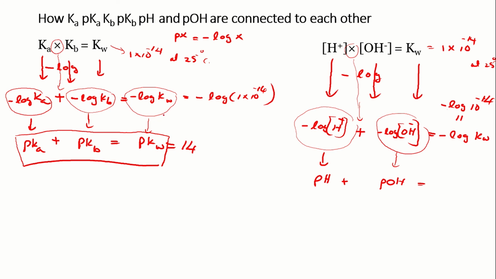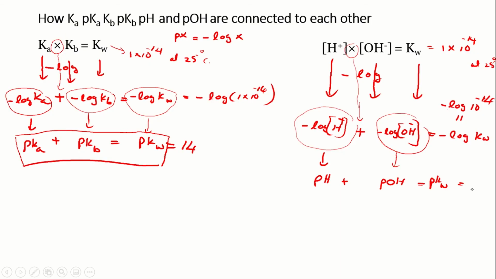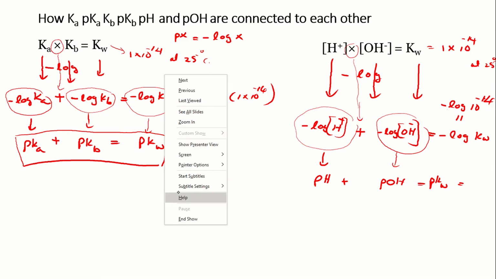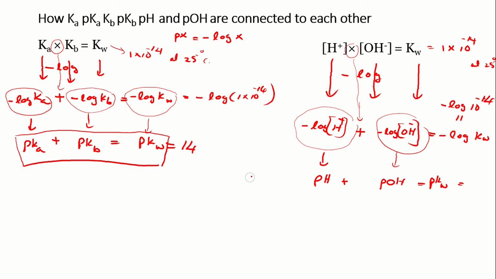This means pKw, and take negative log of this term, you will get 14. And this is also an expression that you are required to know.